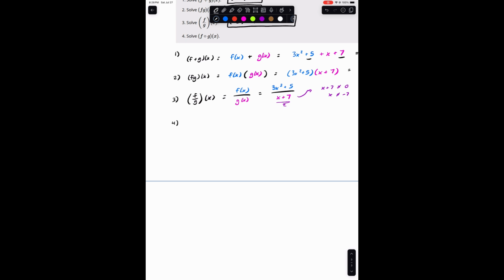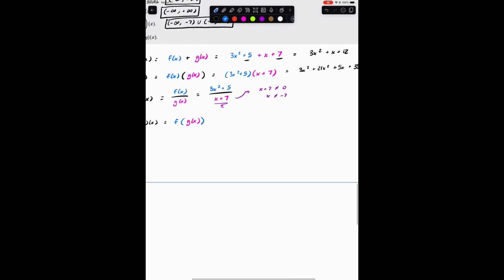Now 4 is a composition, so f of g of x. That means I'm going to use f as my parent function, and we're going to plug in g of x as the parameter, the argument, right? So we're going to have 3, okay?